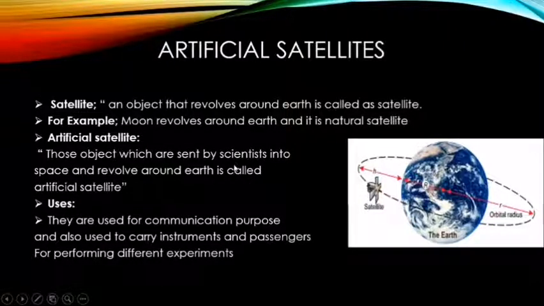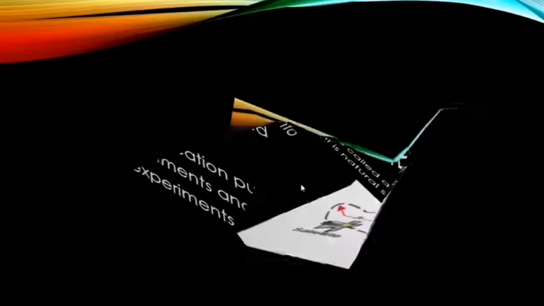So GPS is a global positioning system of artificial satellites, which is used to find the exact position or location of an object over Earth's surface, in the sea, or under the depth of the water. So this is all about artificial satellites.